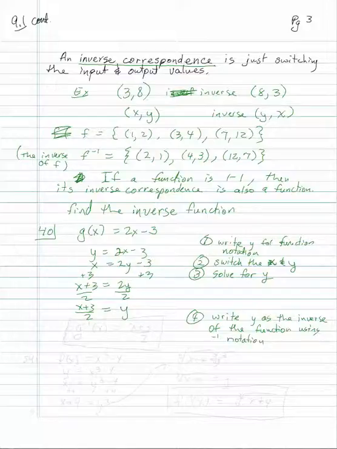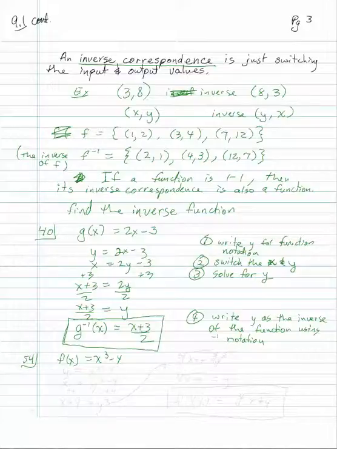Now that's not a -1 exponent even though it looks like it. So this was g. So g inverse of x is going to be (x plus 3) over 2. Now again, that's not a -1 power. It's just the notation g inverse, which can be confusing sometimes. You got to keep it straight.